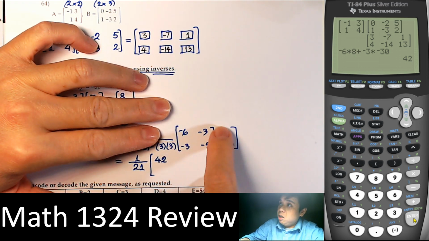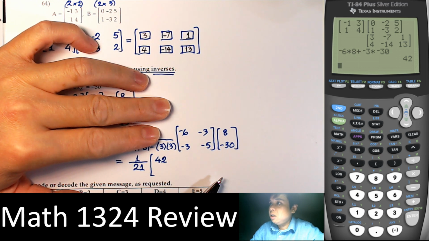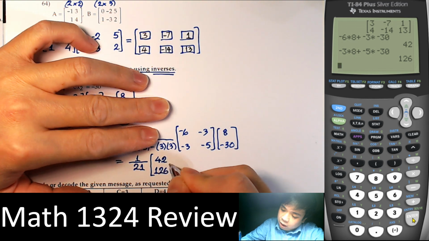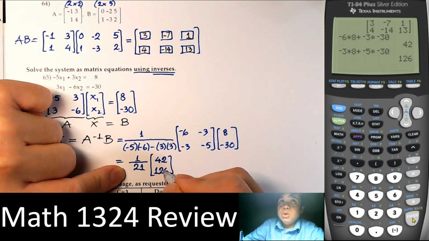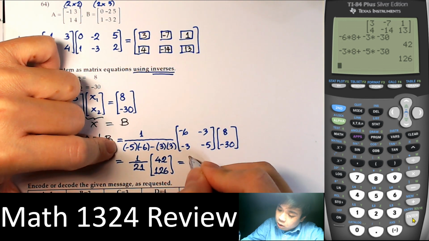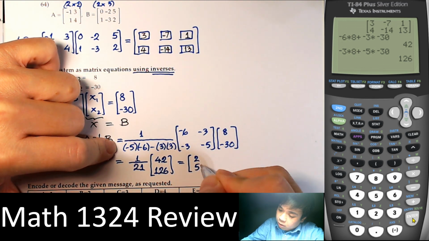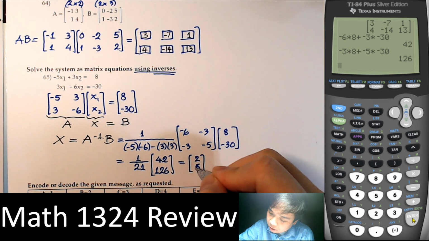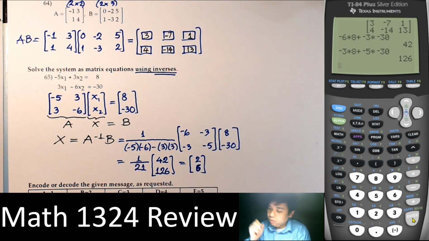And then the second row times that: negative 3 times 8 plus negative 5 times negative 30. So 126. And then you multiply the 1 over 21 into that. It's going to be 2 and 6.